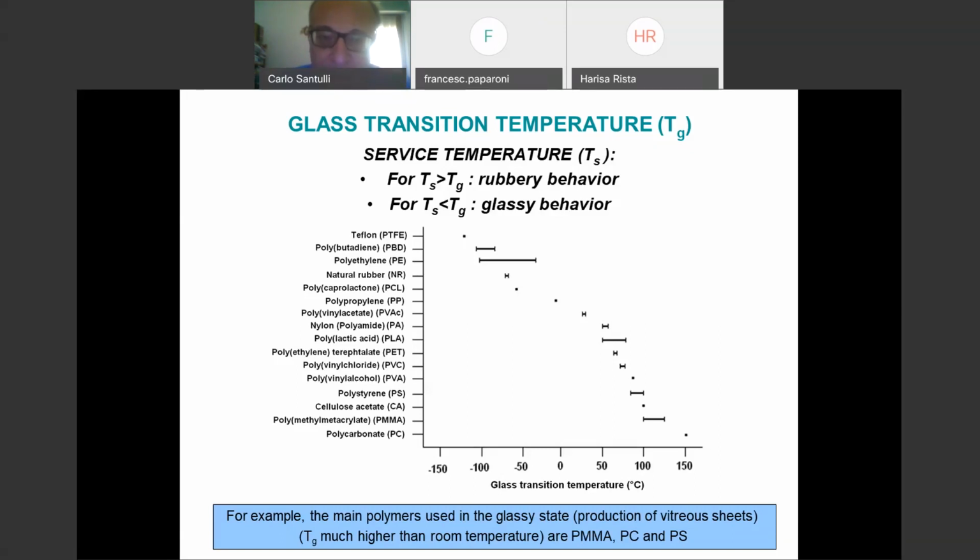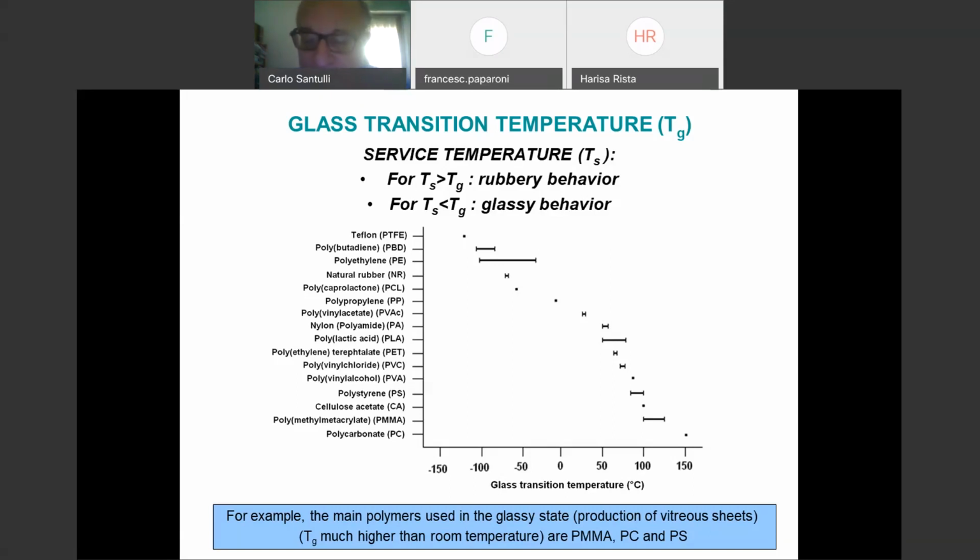Some polymers are very effective to produce glassy-like sheets, if you want sheets which are substitutes of glass, like the last ones we are showing in this graph: polymethyl methacrylate, which in Europe is mainly called plexiglass, polystyrene and polycarbonate. Also cellulose acetate, but its structure is different because it tends to be very polar. So in practical terms, it is not very suitable to make plates.